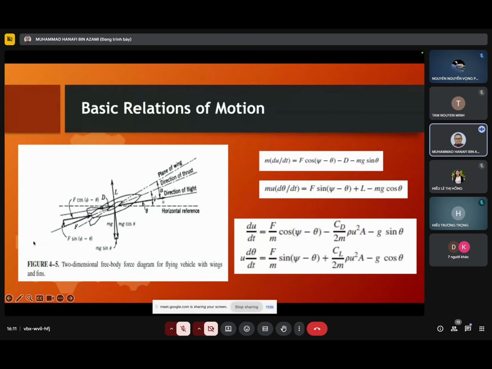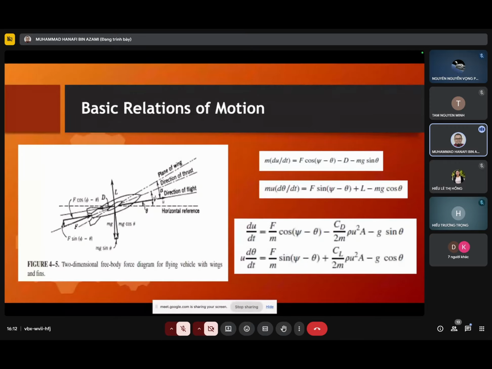Again, you have a rocket, and you have lift pointing upward and weight pointing downward. You have drag to the left, F to the right, F being the direction of the flight trajectory.